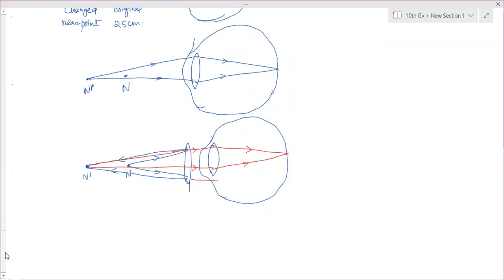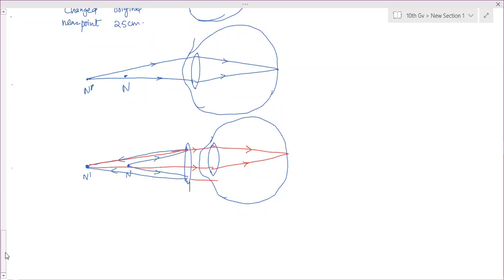After some days, we cannot do anything for that; the only thing is that we can use specs. And after some days, the problem of farsightedness also occurs. The person is not able to see far point objects either. This defect we call presbyopia. Presbyopia generally starts with hypermetropia, and after some years the person has both defects.